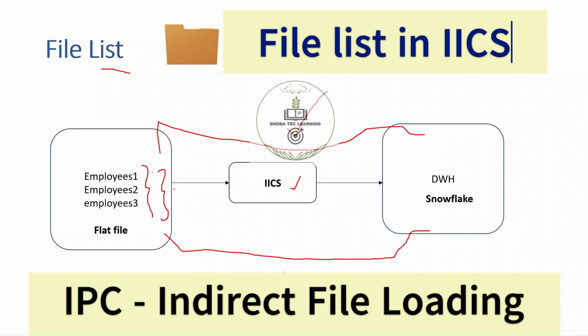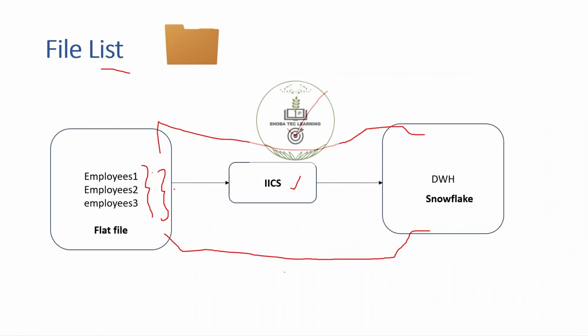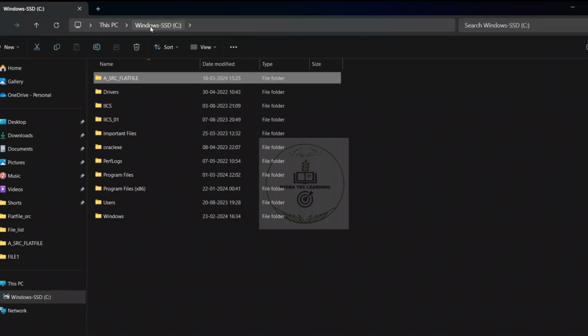Now we will see practically how it works. For that, first we want to take our source and target. Go to the system where you have placed your source flat file.